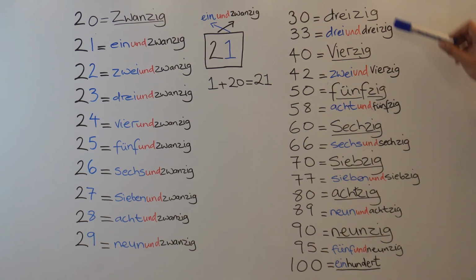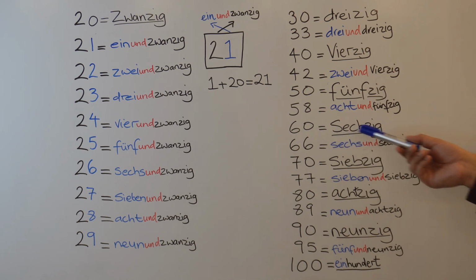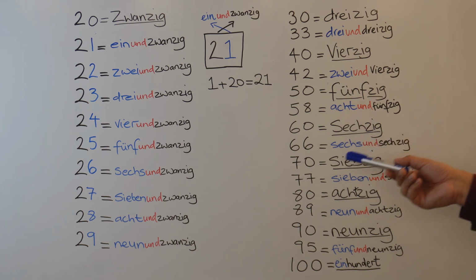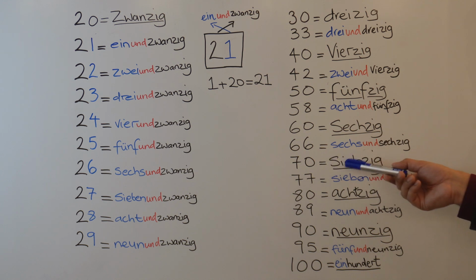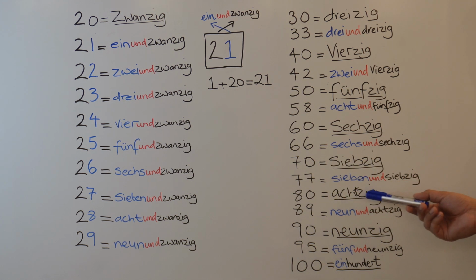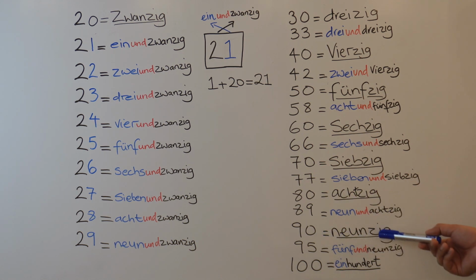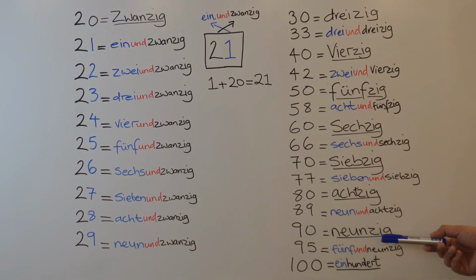The same goes for 60. First you pronounce 6 and then sich, 60. Then 70. First 7 and then sich, 70. And then for 80. 90. First you pronounce 9 and then 90.